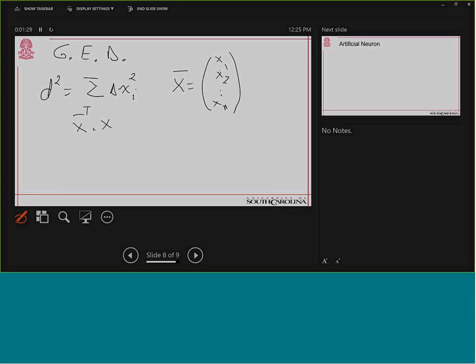I can say delta x is this, and the magnitude of delta x, the Euclidean, is just equal to that. So you can multiply together by transposing and applying it. Do I need to demonstrate this, or should I move on?